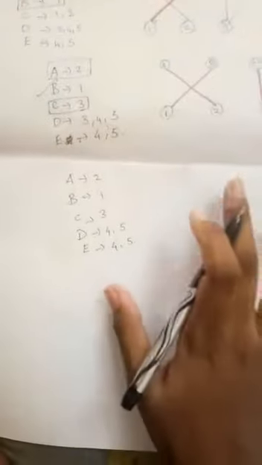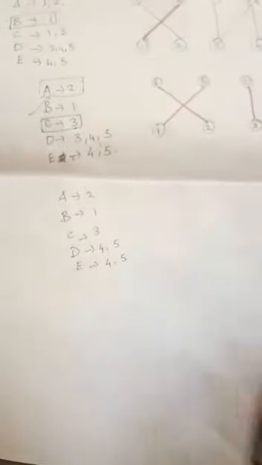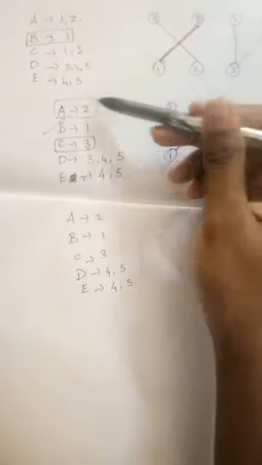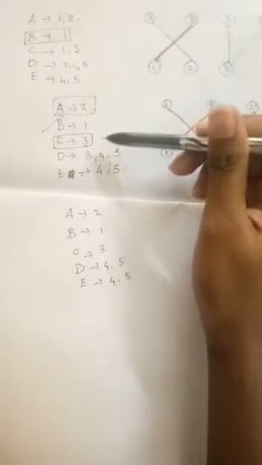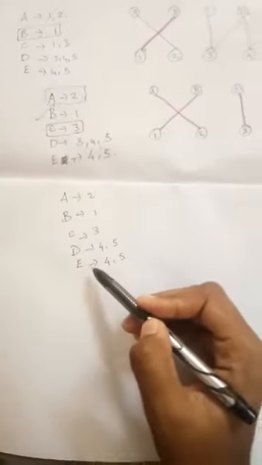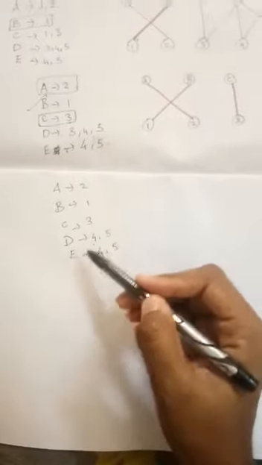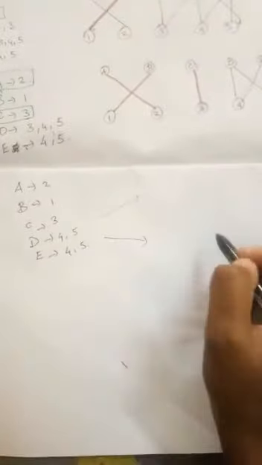So from this observation, I can't come to any conclusion. In the previous step, I had only one pair for A and one pair for C, so I came to a conclusion. But here for D and E, both have two options. Either D can be connected to 4 or 5. Similarly, E can be connected to 4 or 5. So I have no conclusion. There are two possible ways this can end.